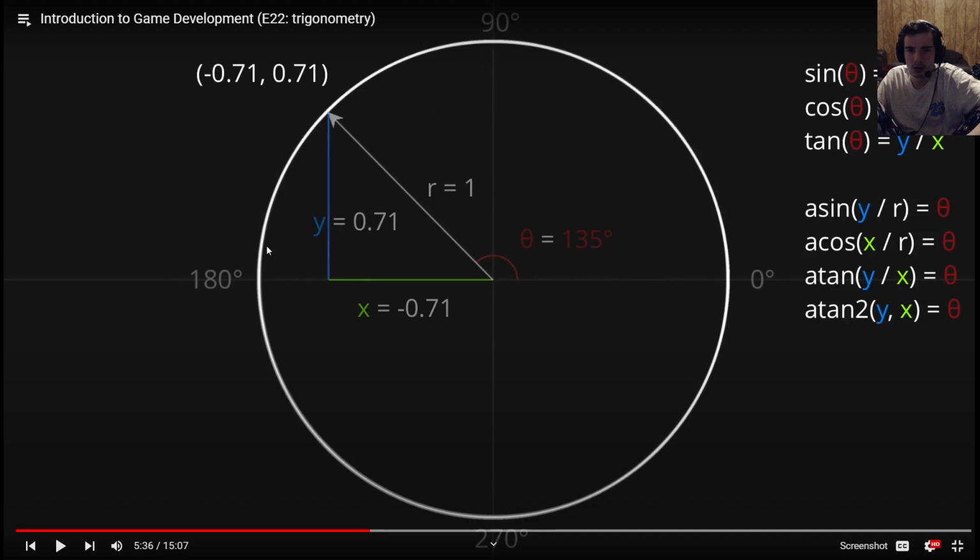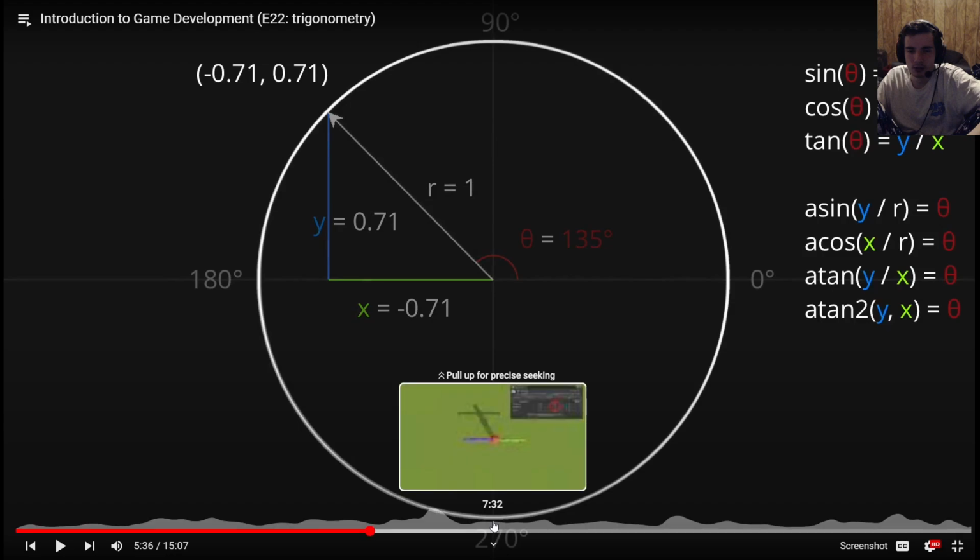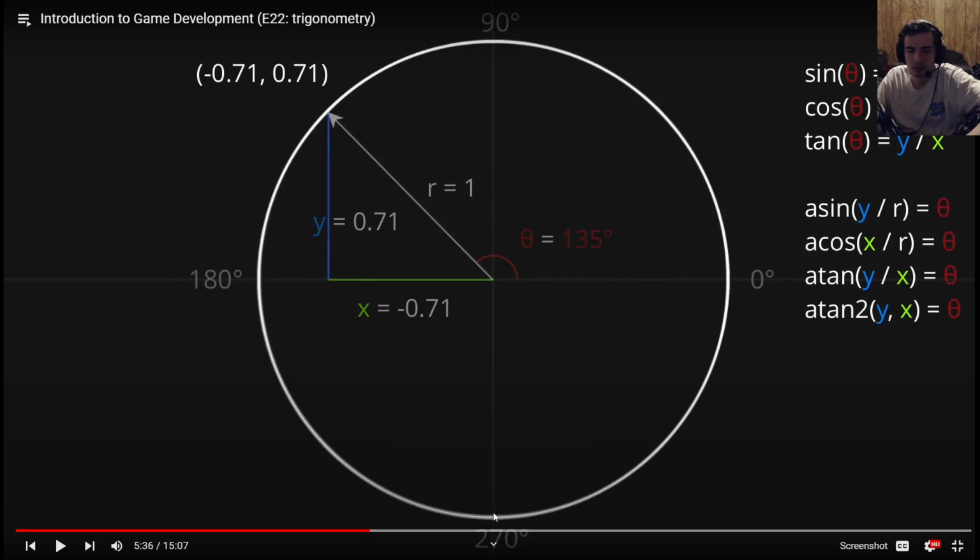That would be negative 0, negative 1. That would be negative 1, 0. Yeah, all that does is rotate it by 90 degrees.